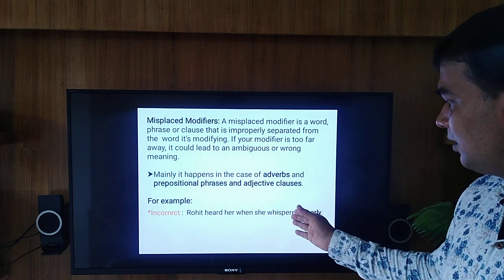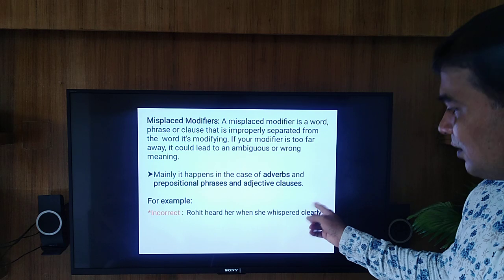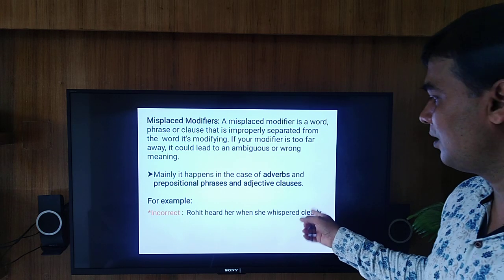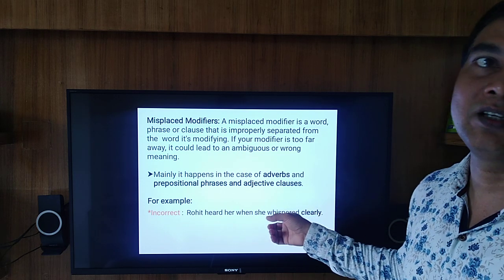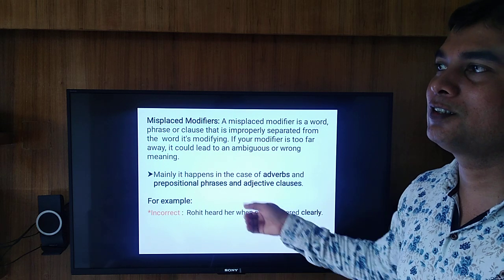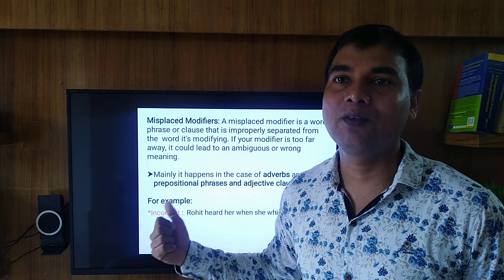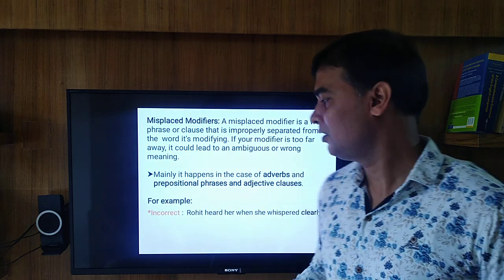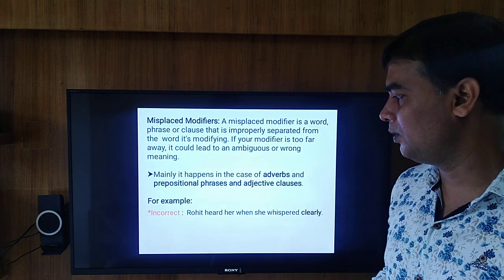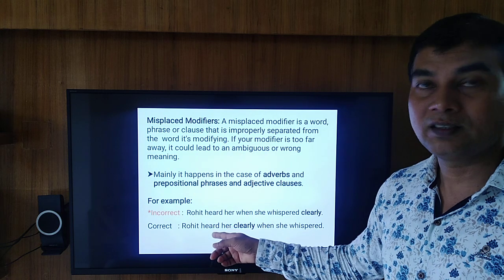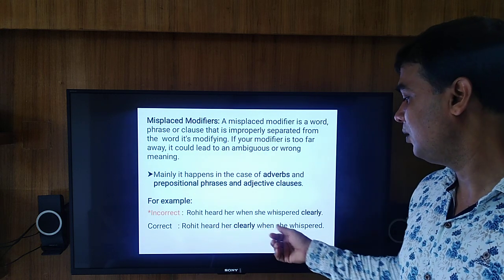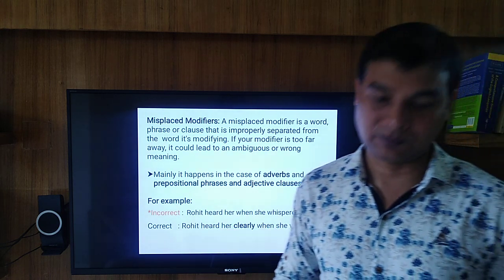But in this sentence, it seems that the modifier clearly is modifying the word whispered. So this is incorrect. This is a misplaced modifier because it gives us the wrong meaning. So the correct sentence would be, Rohit heard her clearly when she whispered.